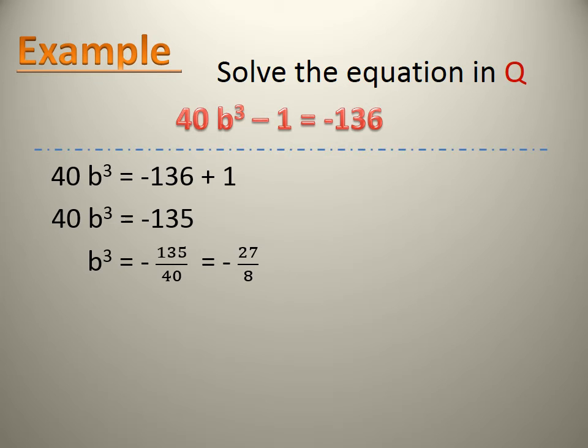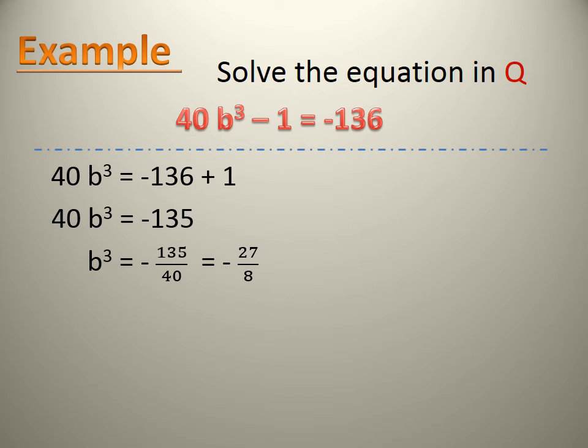We want to find the value of b cubed, so the left hand side is times 40 and the next operation is divide by 40. So b cubed equals negative 135 divided by 40 equals, by using a calculator, negative 27 over 8.